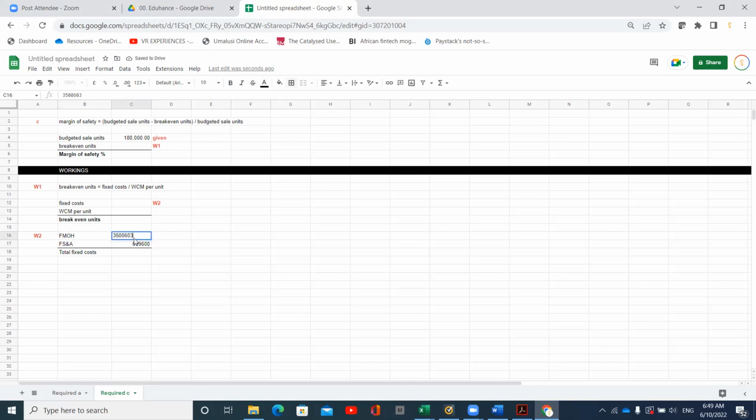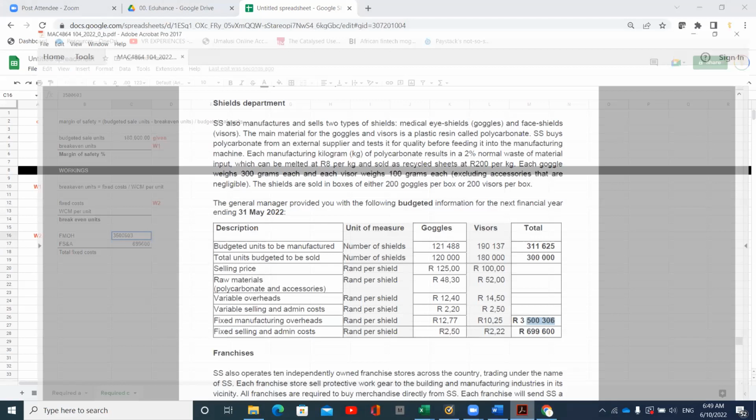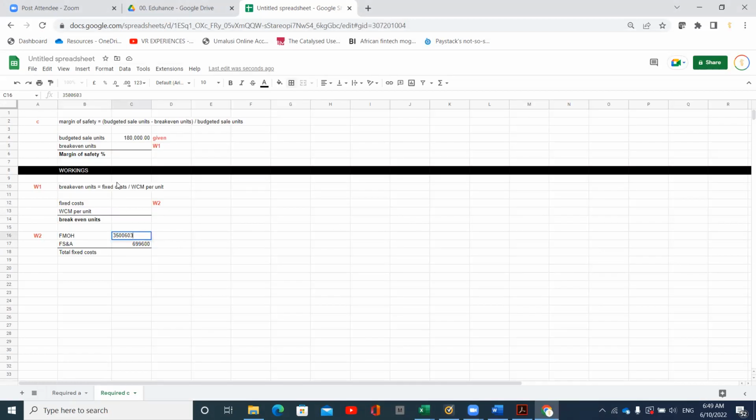Let me just check again: 306 500 and 69 600. Okay, so we add that up. Fixed costs, working 2, is the sum of those two numbers.